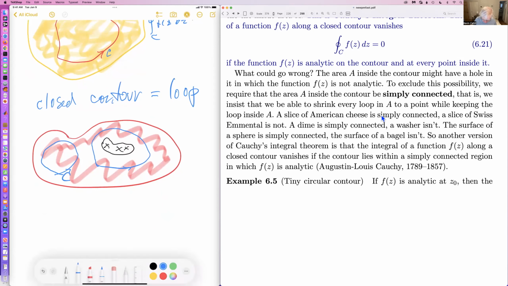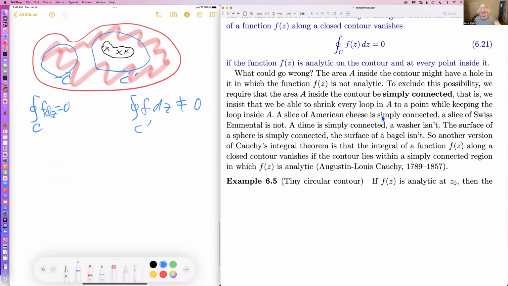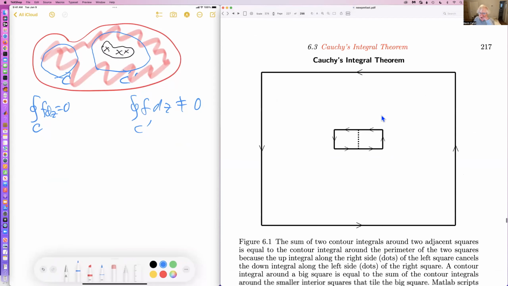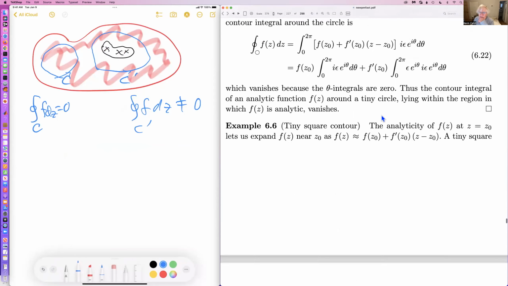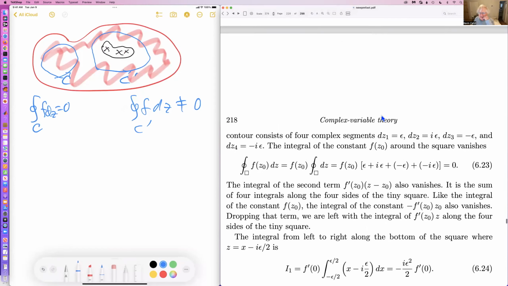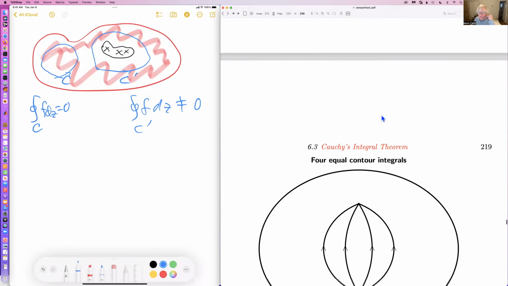So we call this C prime: the integral over C of f dz equals 0, the integral over C prime of f dz is not equal to 0. So that's basically the situation. So that's Cauchy's integral theorem.